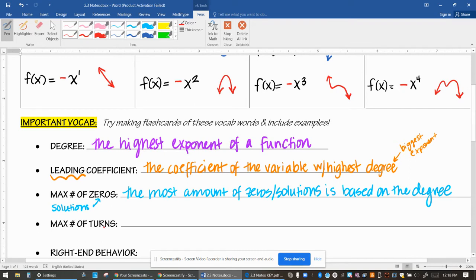Now, max number of turns. Turns is any time that your function switches directions from increasing to decreasing. So it's any time your function switches directions.